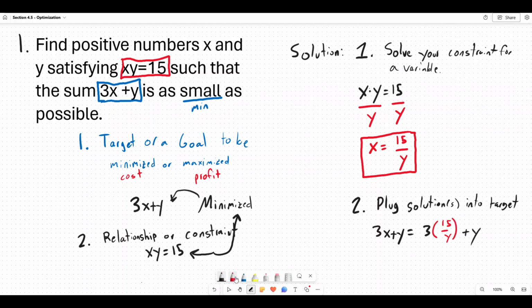And the hint is that you want to make a function of one variable. Now, we do want to sort of multiply this out. So I'm going to instead write our target as 45 over y plus y.